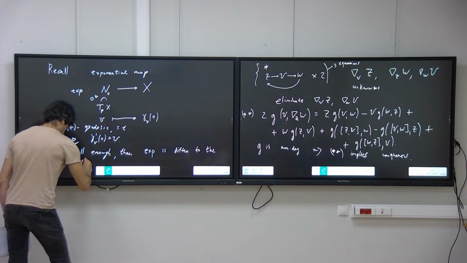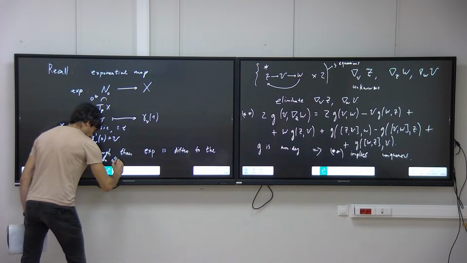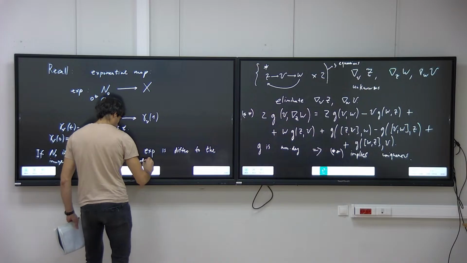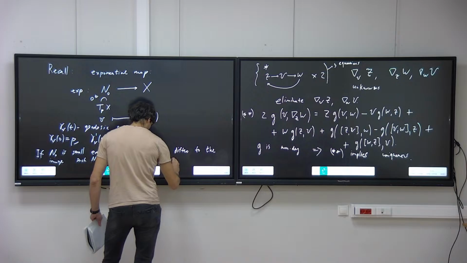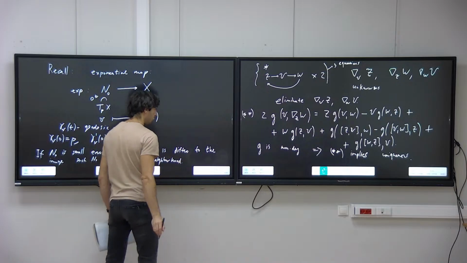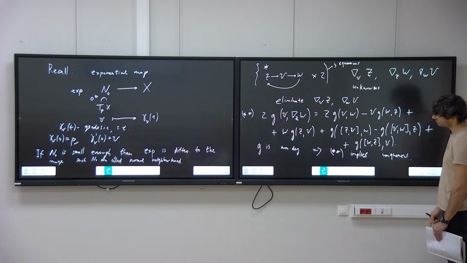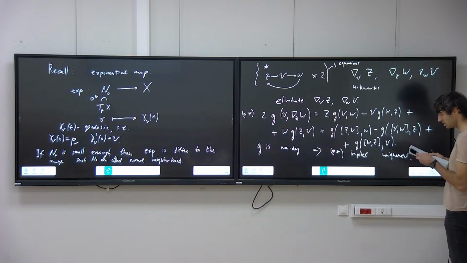Such N0 are called normal neighborhoods. Okay, so that's some information about the exponential map that we need.